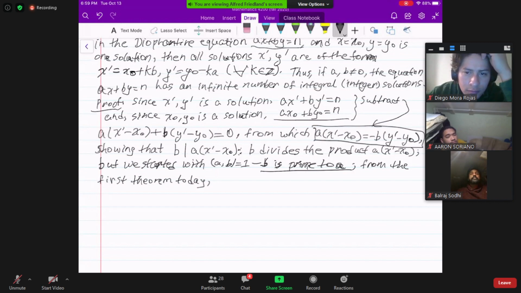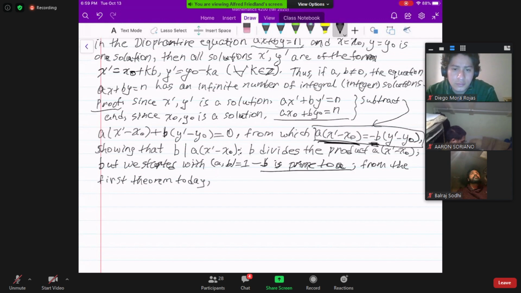It's b times negative y prime minus y sub 0, but I don't care. I have a factor of b there. So that says b divides a times x prime minus x sub 0, right? It's b times something, meaning some integer. So b divides the product.